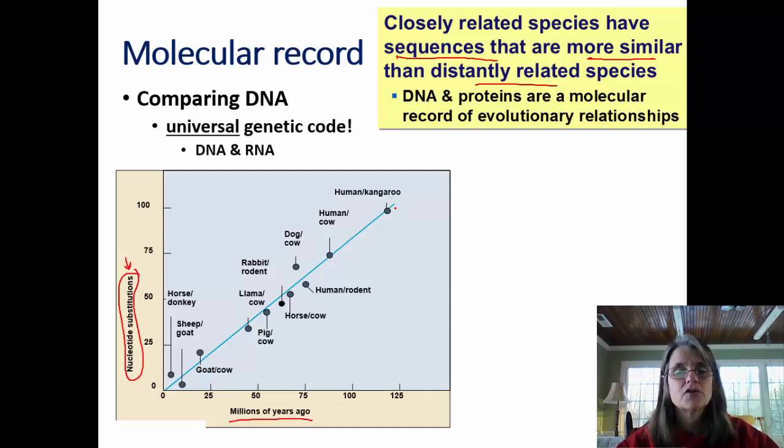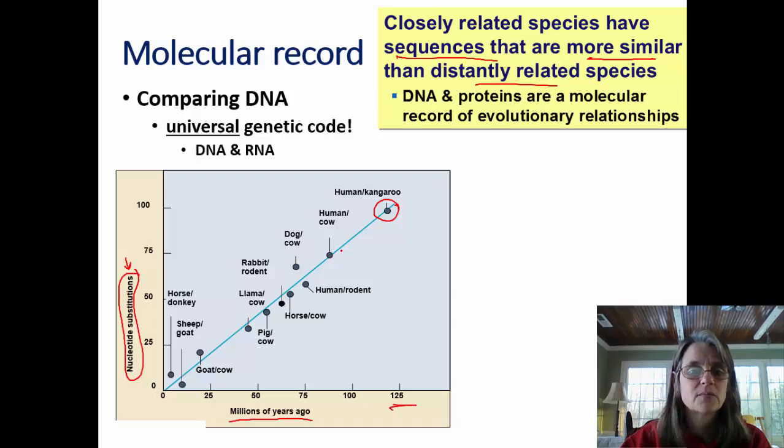For example, humans and kangaroos have more differences in their DNA, and so this implies they were related a very, very long time ago compared to these other pairings. 125 million years ago, we would have shared a common ancestor. But if we look at a human and a cow, that's different.